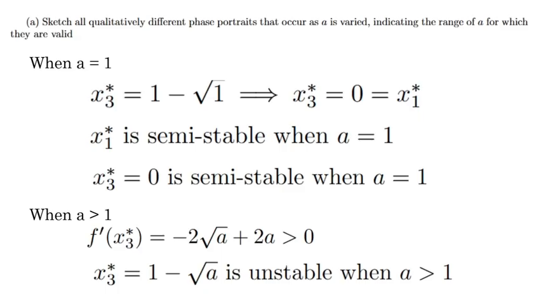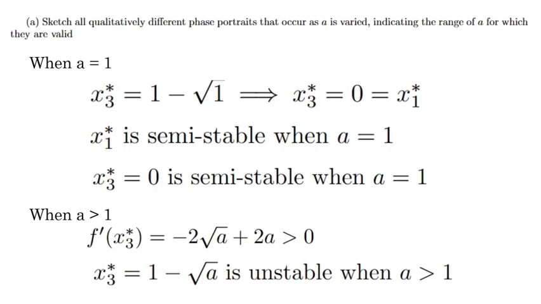When a is equal to 1, we get that x3 is equal to 1 minus 1, which is equal to 0. And earlier, we found that when x1 is equal to 0, it's semi-stable. Therefore, when x3 is equal to 0, it's also going to be semi-stable. So we conclude that x3 equals 0 is semi-stable when a is equal to 1.